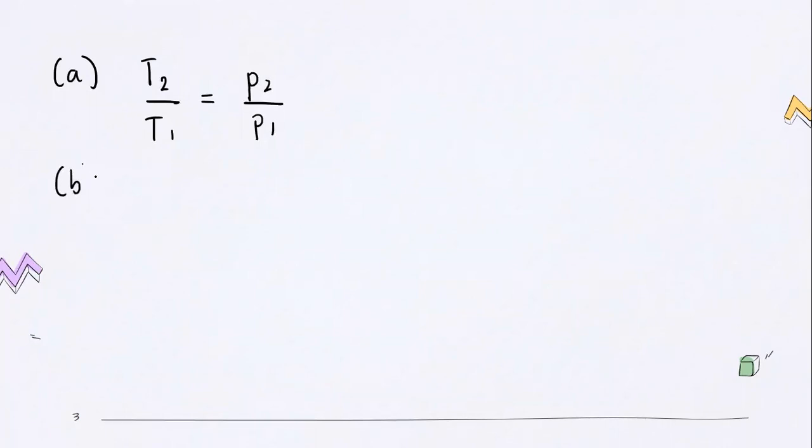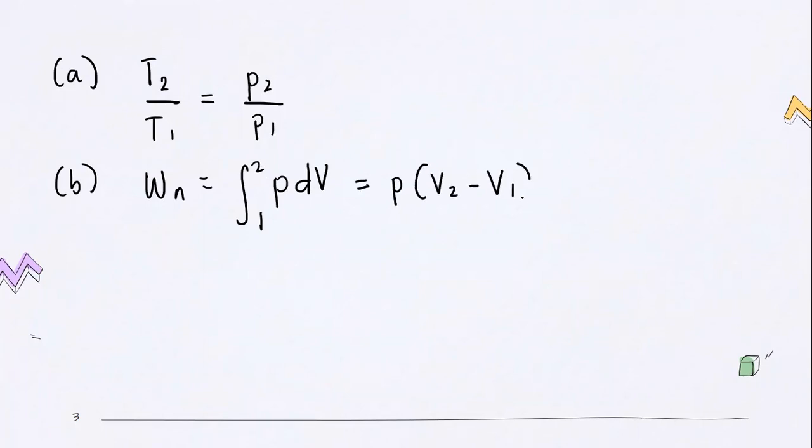Letter B. We have the non-flow work, where the non-flow work is equal to the integral of P dV with the limits from 1 to 2. Therefore, that is equal to P (V2 minus V1). Since the volume change in the isometric process is 0, therefore the non-flow work is equal to 0.